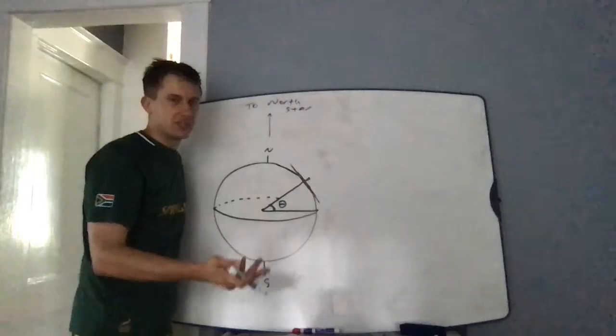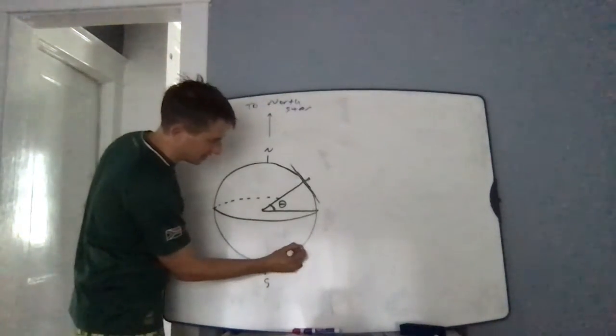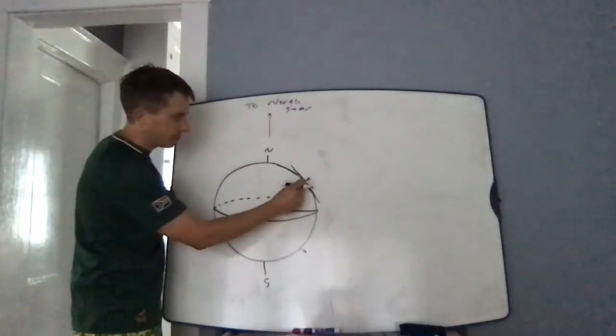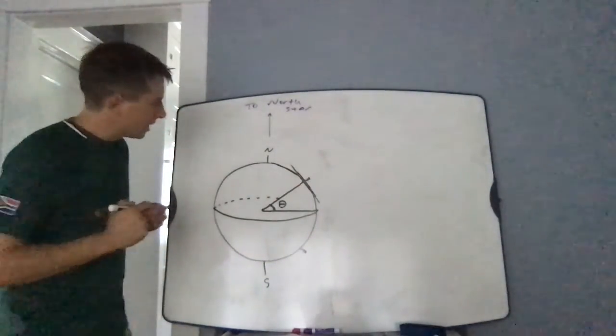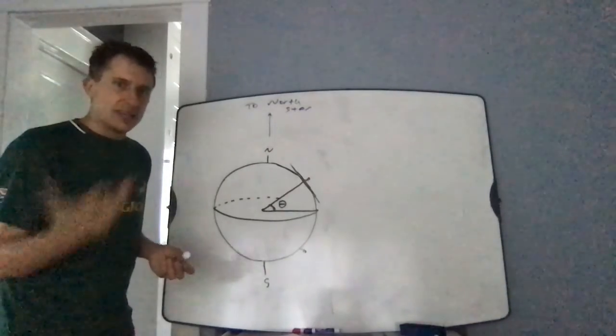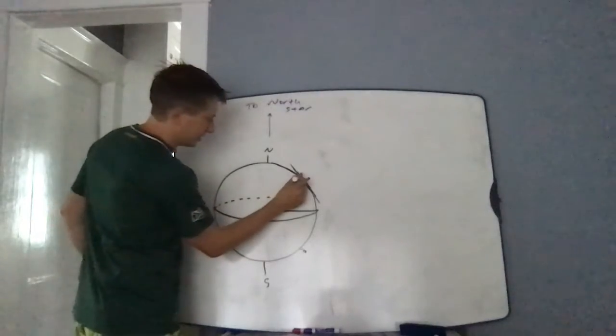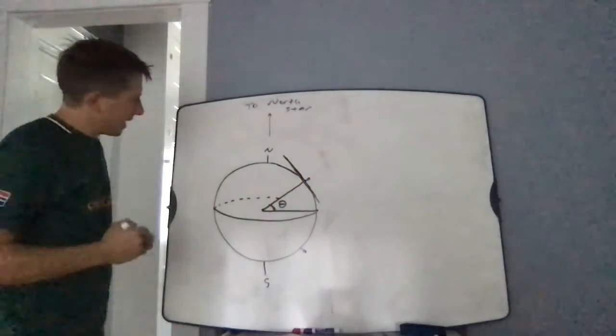From my perspective, it's almost like it's below ground. If I wanted to see somebody over here, I would have to somehow magically see through the Earth, which you can't do. So the direction of the horizon that is due north of me is this way over here. So this is to the horizon.